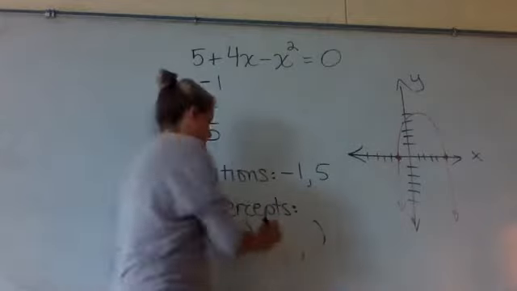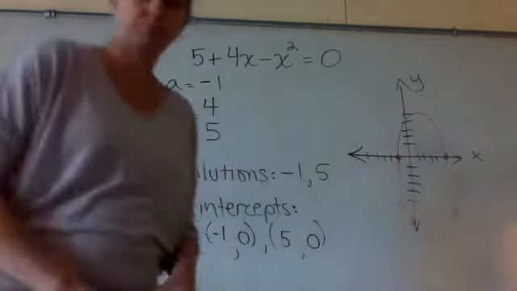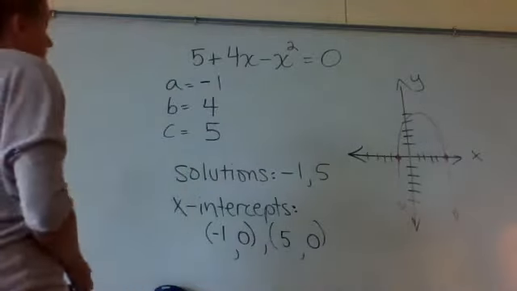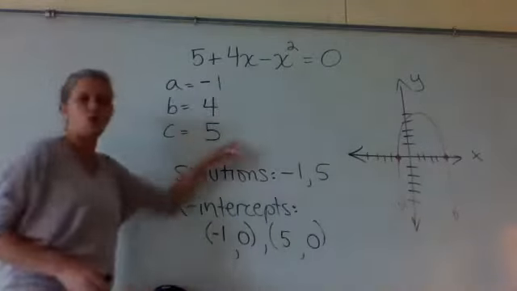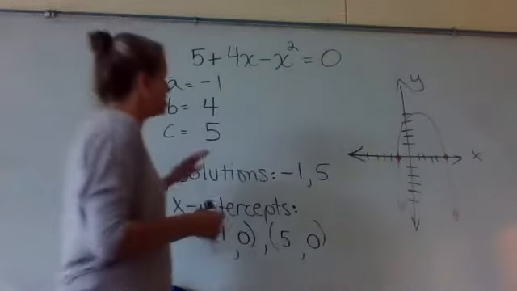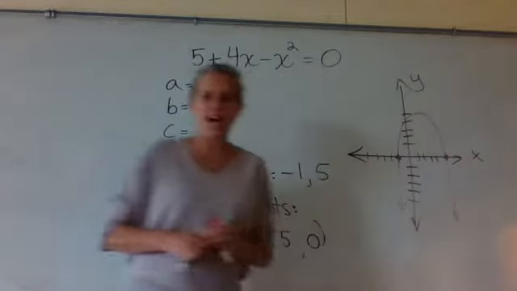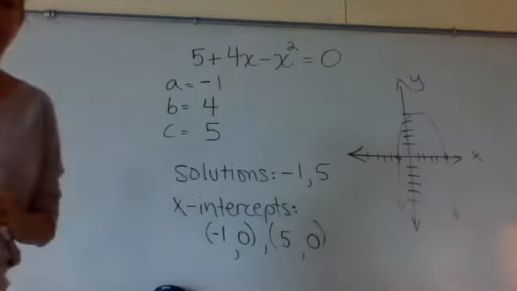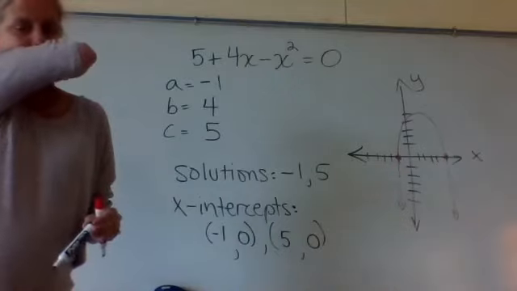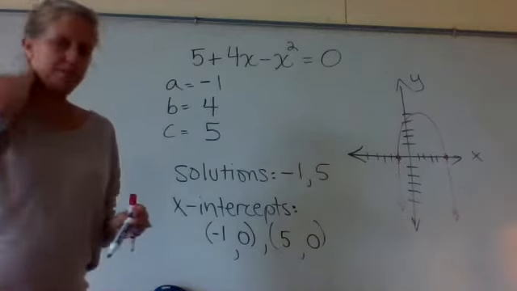And the other x-intercept would be at 5, 0. So that's how they translate into each other. Plugging it into the quad program and getting my answers is actually telling me where that parabola crosses through the x-axis. It is its x-intercepts. Okay?